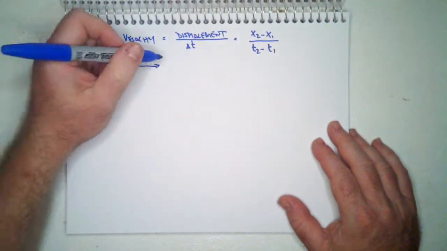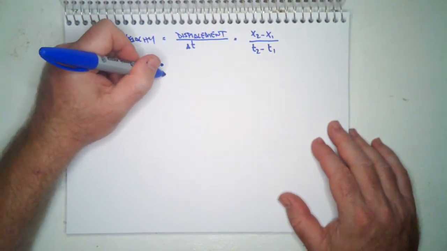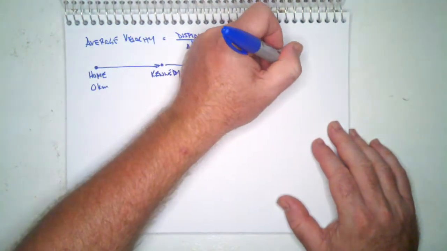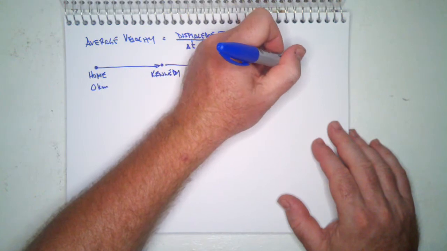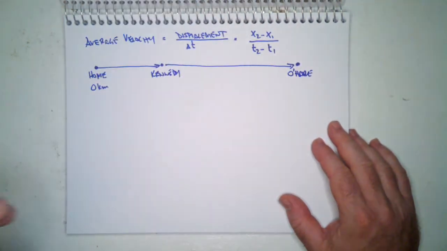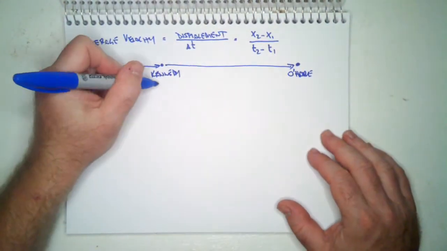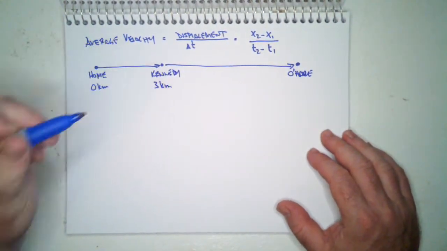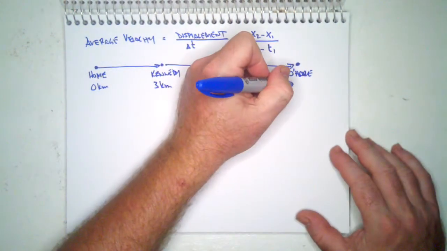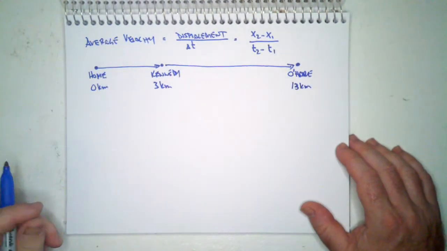So you drive to the Kennedy, and once you get on the Kennedy, you drive to O'Hare Airport because you're going on vacation. And it turns out the Kennedy is about 3 kilometers from your house. And O'Hare is 13 kilometers from your house.